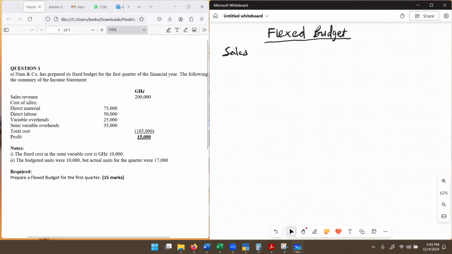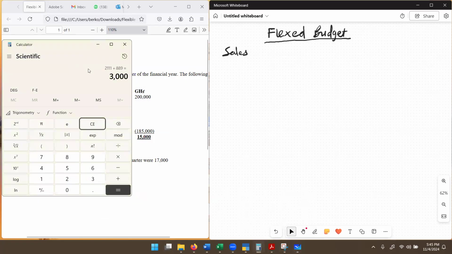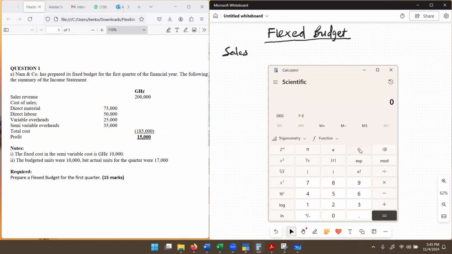Looking at the sales, what is the original selling price? The original selling price will be the 200,000 divided by the original output activity level, which was what? 10,000. So divide by 10,000.